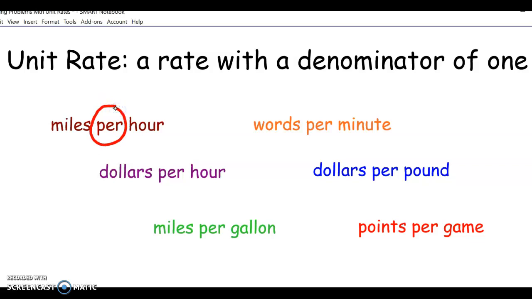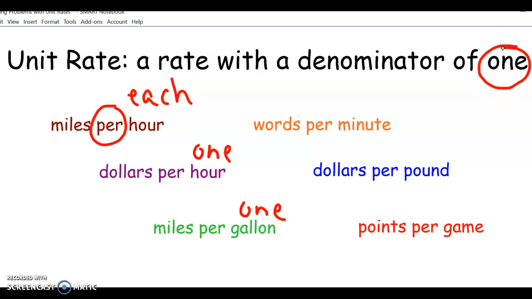It doesn't have to be there, but the word per means each, and you don't see the number 1, but this miles per hour means miles per 1 hour. And each of these, even though you don't see the word, means per 1 of something. So the key is, with a unit rate, the denominator is 1, per 1.